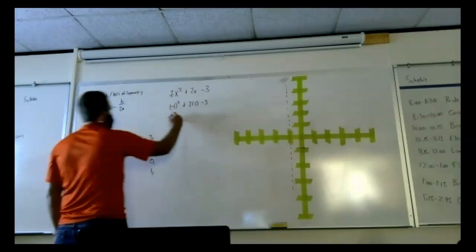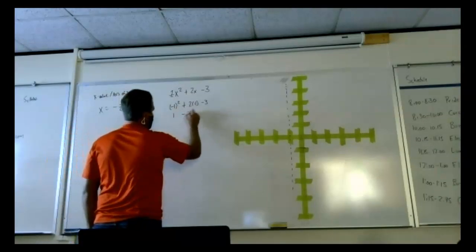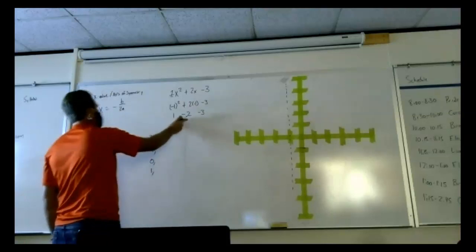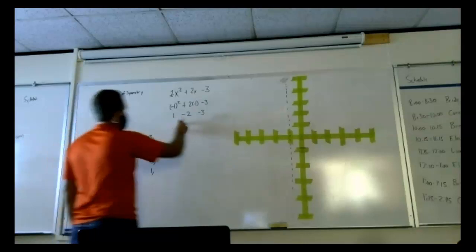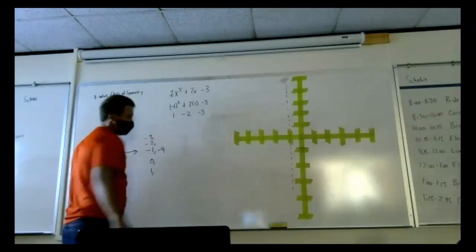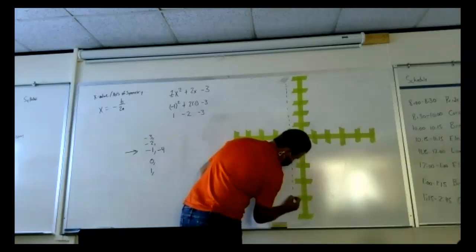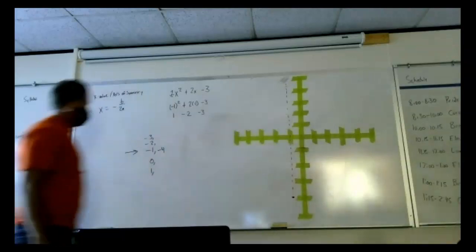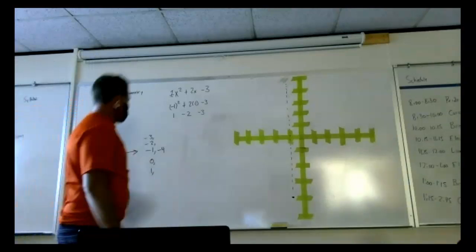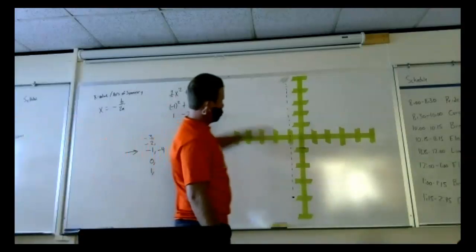So -1 squared is 1. 2 times -1 is -2, and then -3. So I have +1 minus a -2, which gives me -1. Now I'm going to minus 3 more. That's going to give me -4. So my vertex point is right here at -1, -4. And once again, that determines my min value. So the rest of my points are going to be higher than -4.